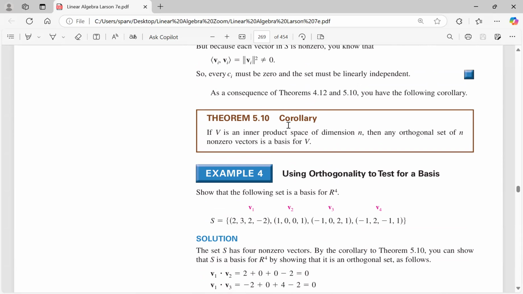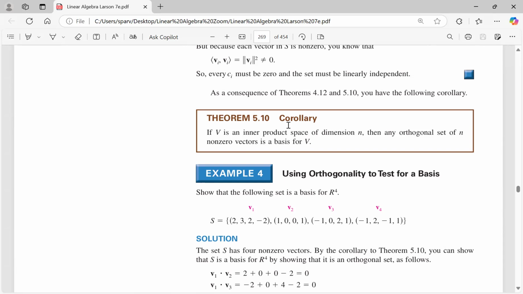Remember, because they're going to be linearly independent, right? And they are mutually perpendicular. So they're going to form a basis. And that is a corollary of this one. Okay. And let's see. So again, orthogonal implies linear independence, and that implies that this is a basis.